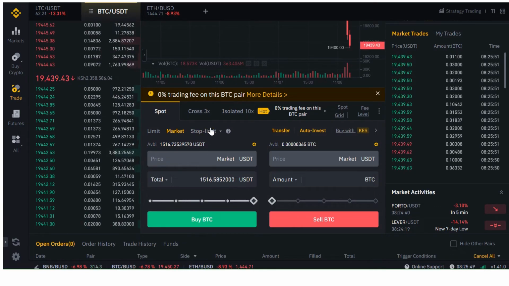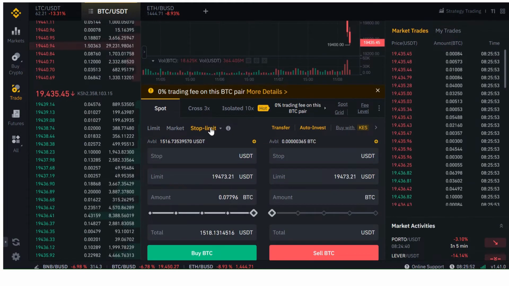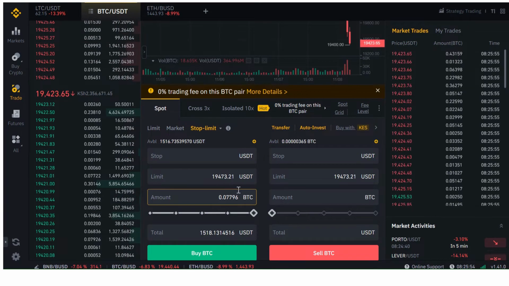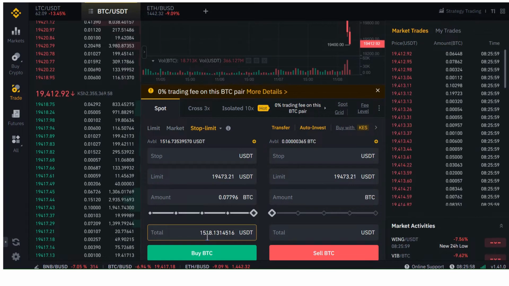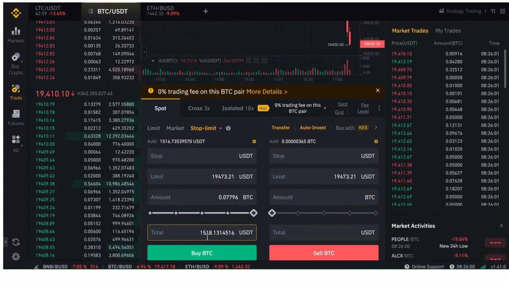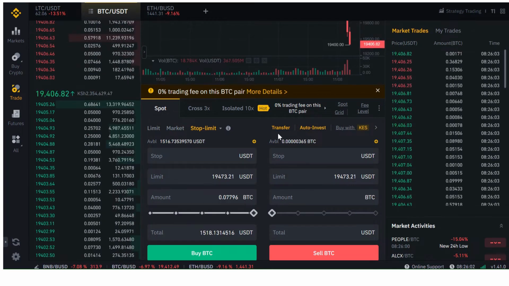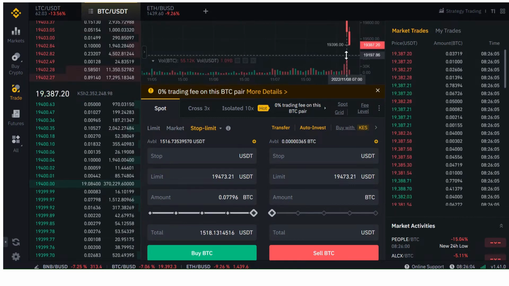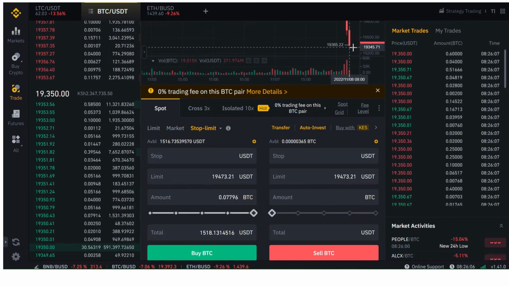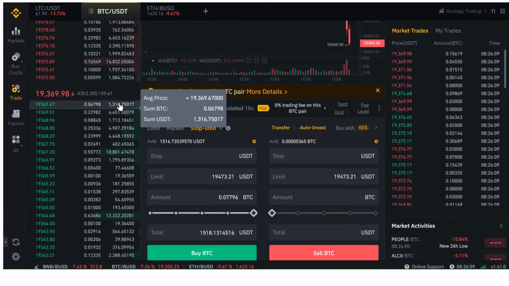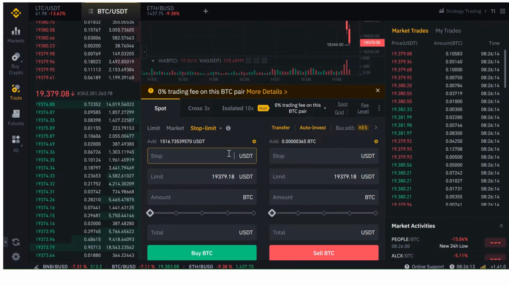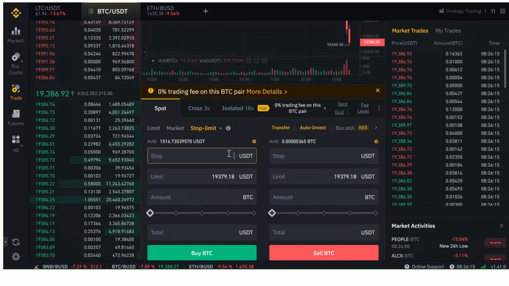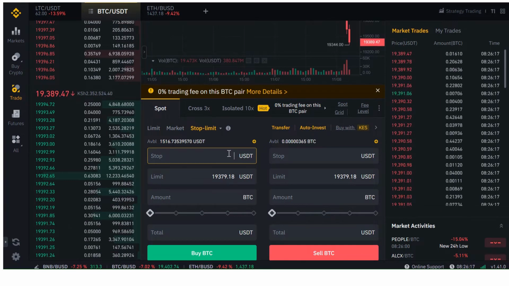And then there is this stop limit. Stop limit is used to control your risk. For example, let's say I bought BTC worth 1500 and I don't want to go into a huge loss. Maybe I think the coin will go up, but you never know what might happen in the market. So once I buy, I can put a stop loss to tell the system if the price goes below this, I want to be out of that position.